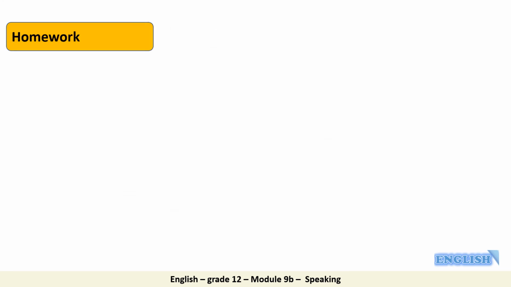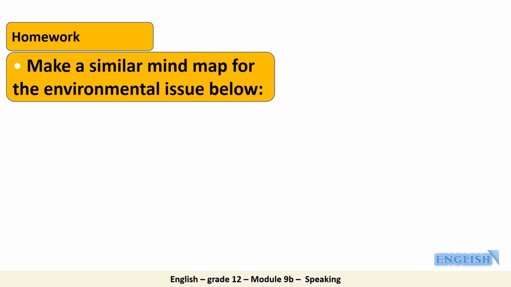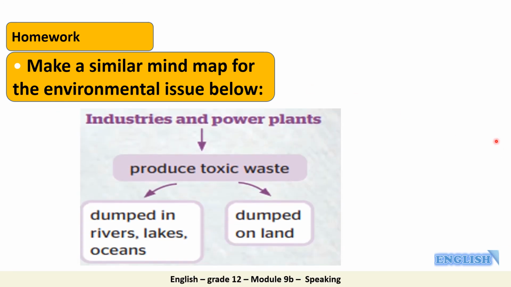Now, as homework, you are going to make a similar mind map for the environmental issue below. Let's have a look at it. We have here industries and power plants. They produce toxic waste. This toxic waste is going to be dumped in rivers or lakes or oceans.